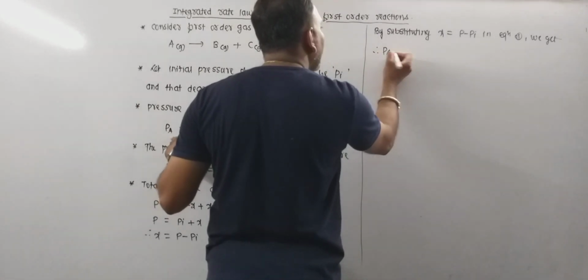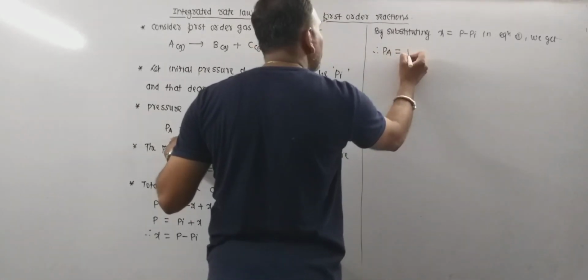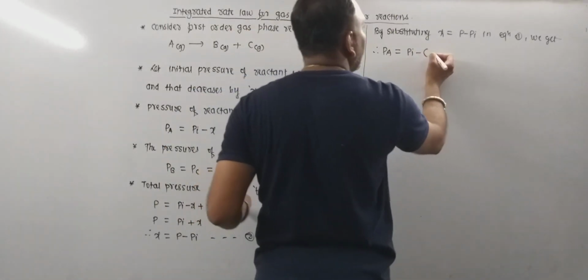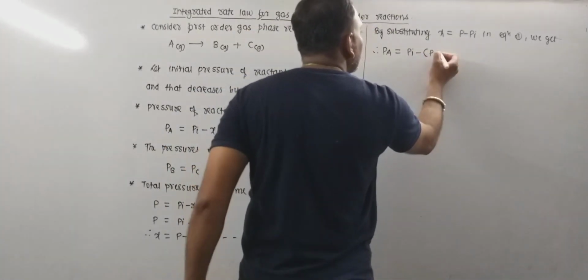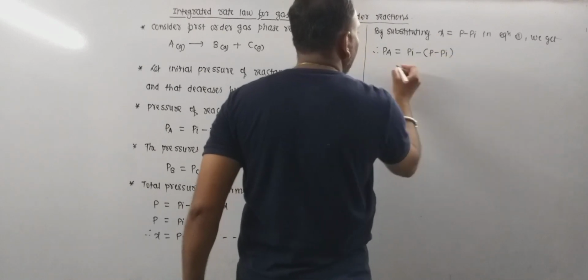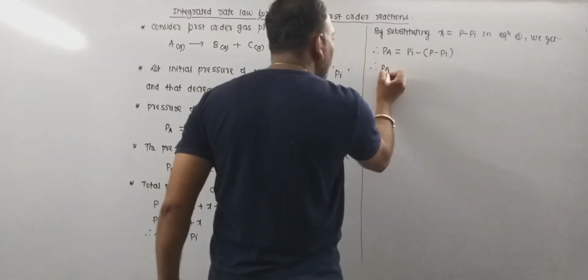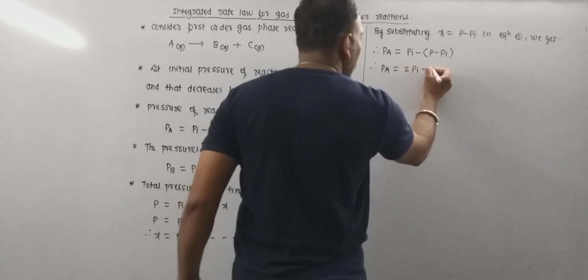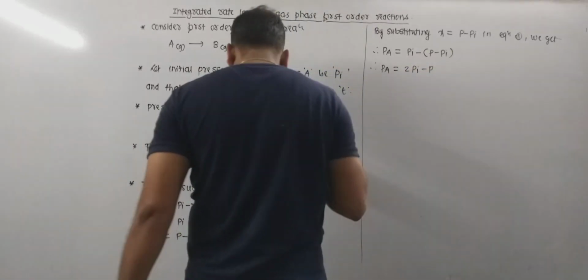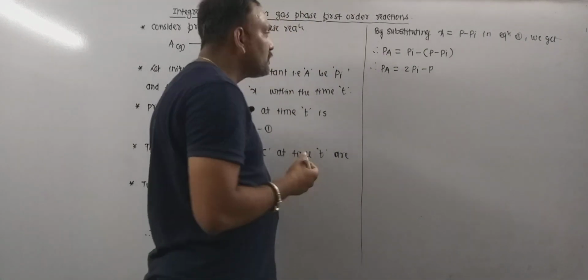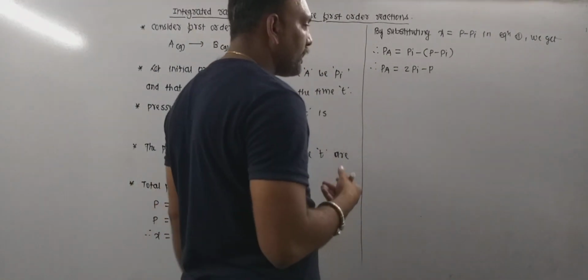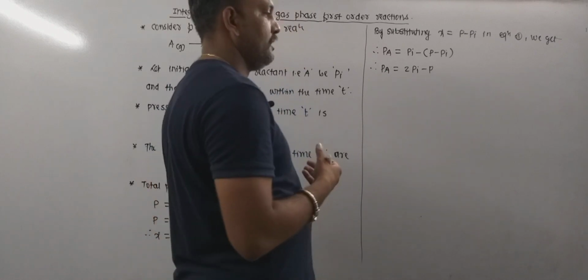So PA will be equal to Pi minus, now put the value of X as P minus Pi, so P minus Pi. Now this gives PA equal to twice of Pi minus P. So this is the pressure of reactant after time interval of T.